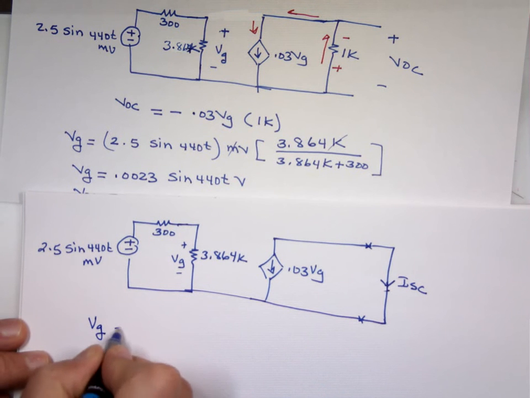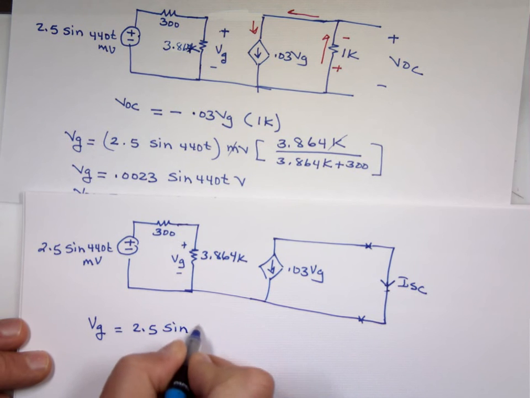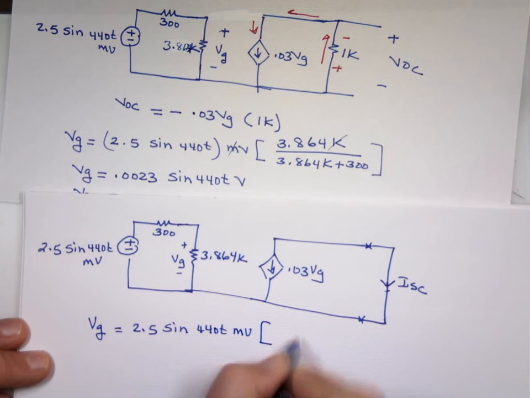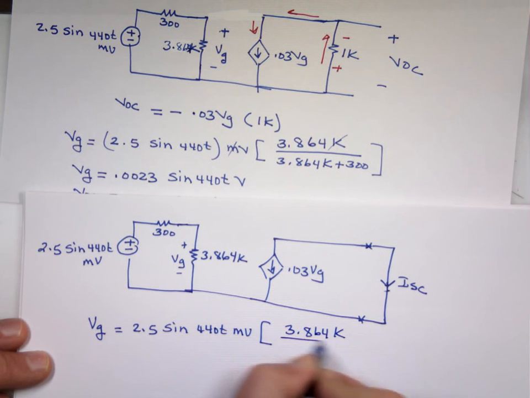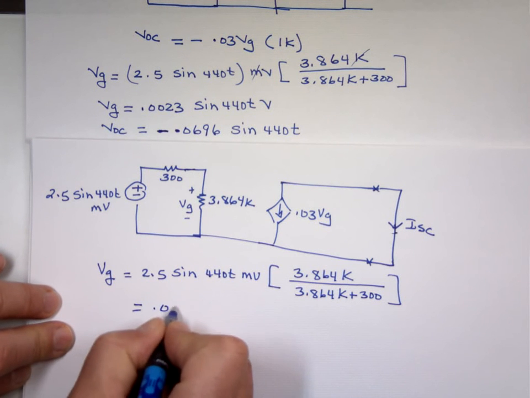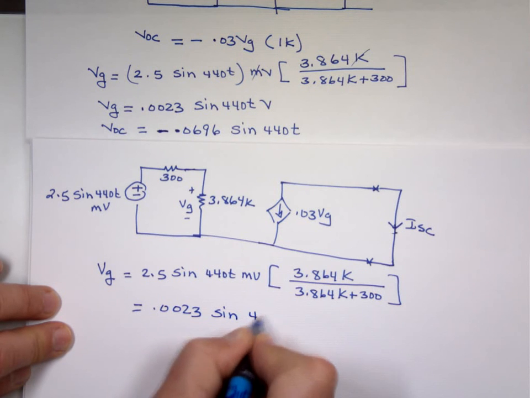Still voltage division, times 3.864K over 3.864K plus 300. So VG is still 0.0023 sine 440t.